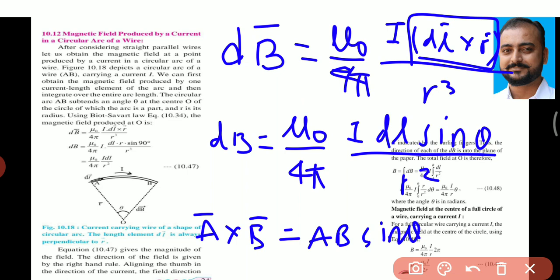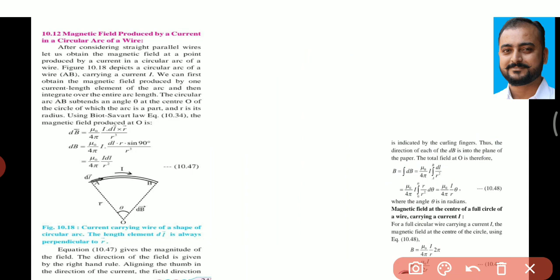Here we have dl and r bar, that is r, and one r cancels with the remaining r, so only the square remains. So we directly write the formula; no need to write the vector form.